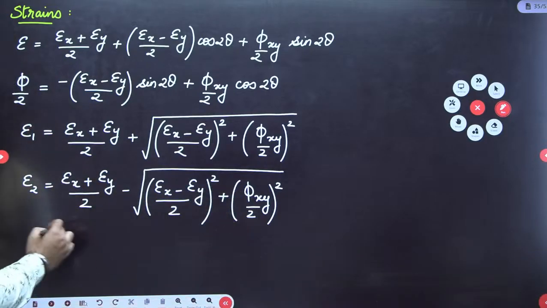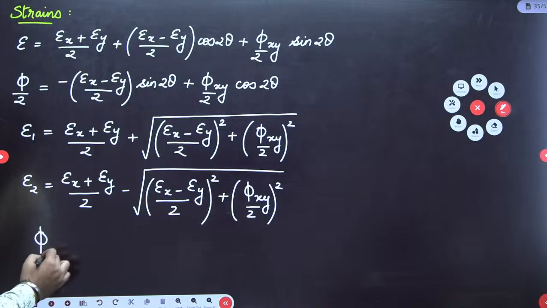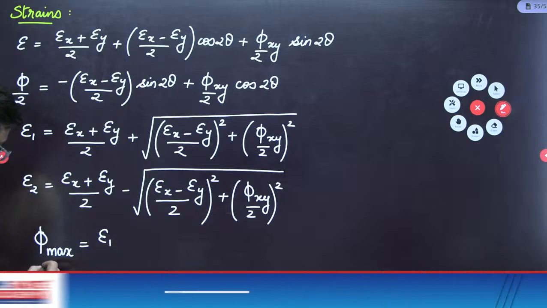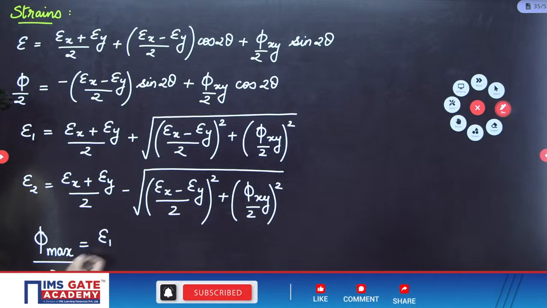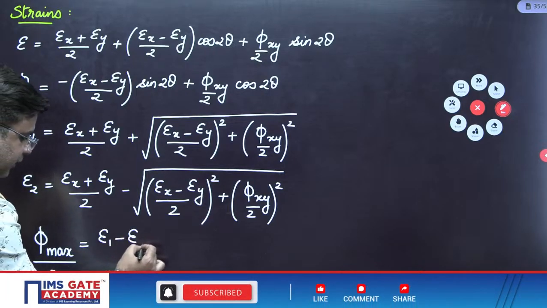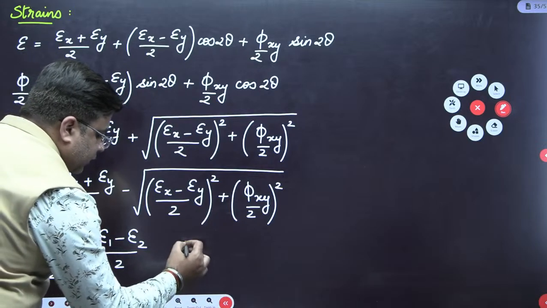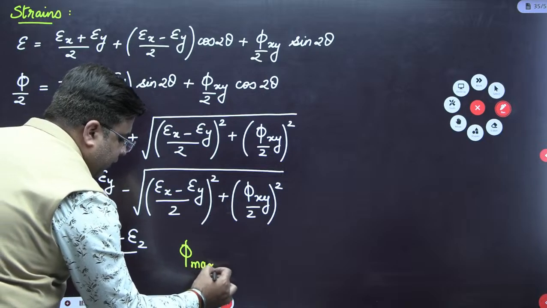Then you have the maximum shear strain. Phi max by 2 is equal to epsilon 1 minus epsilon 2 by 2. So from here the value of phi max will come out as epsilon 1 minus epsilon 2.